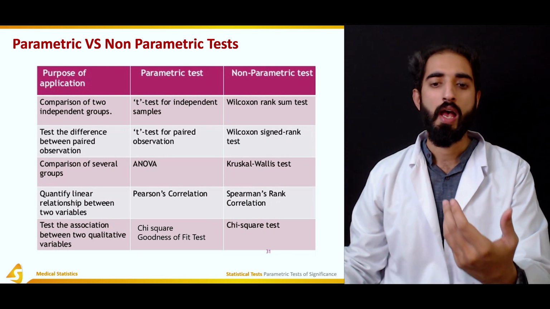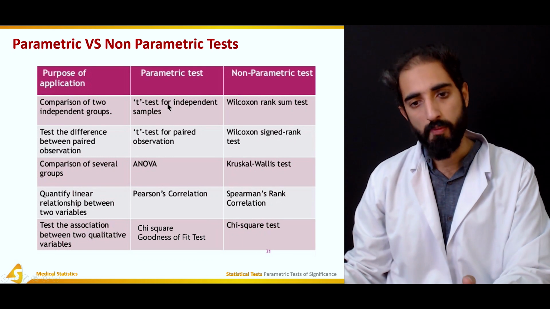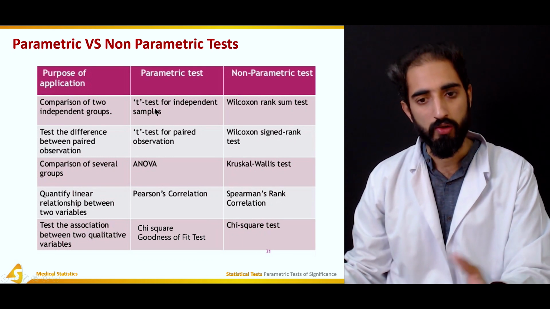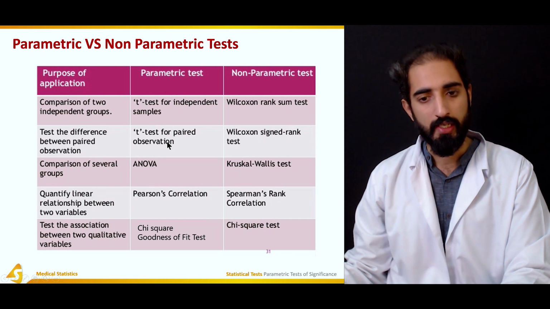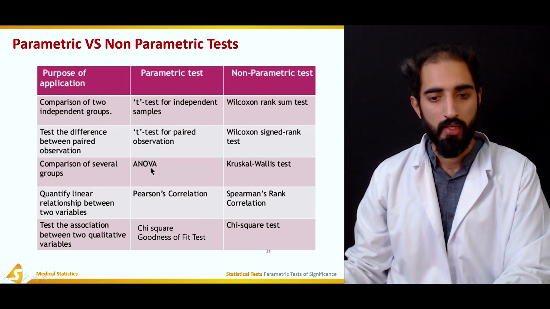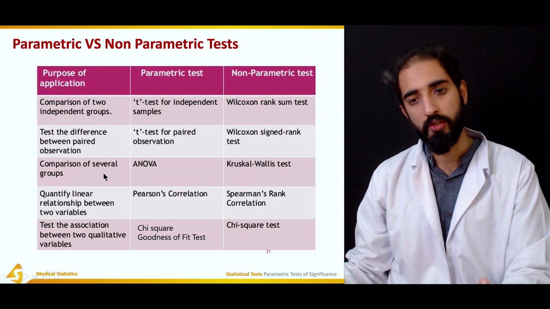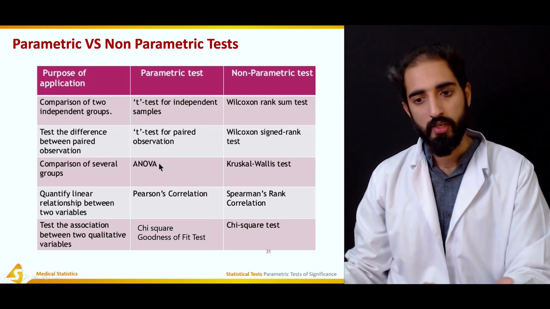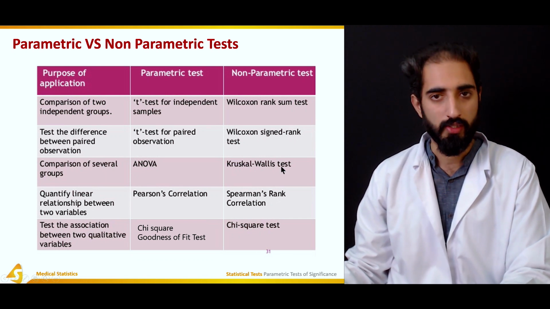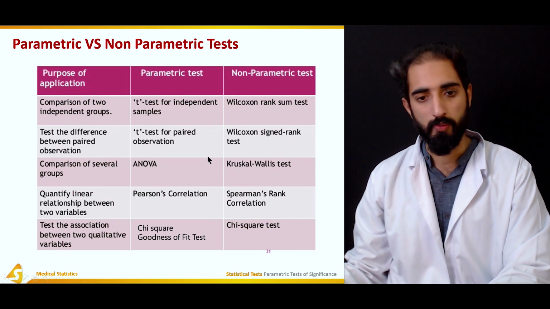Here we have a lot of tests that are mentioned. In this lecture, we're going to talk about the independent t-test, the t-test for paired observations or paired t-test, and ANOVA. ANOVA is used for comparison of several groups, and the similar non-parametric test, Kruskal-Wallis, is used for the same purpose when data is not normally distributed.